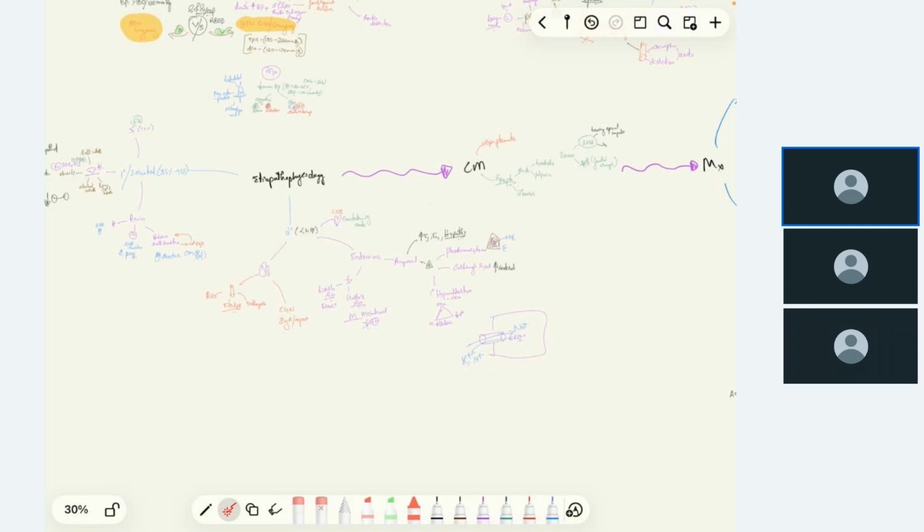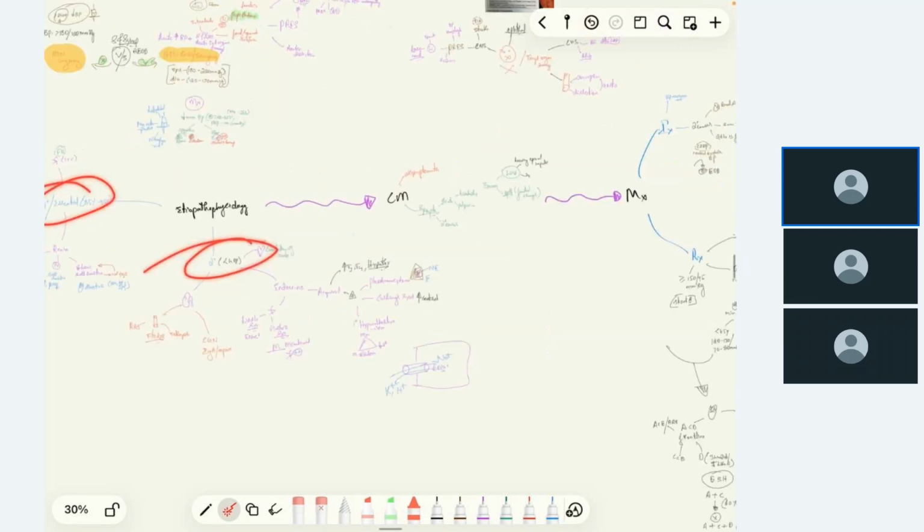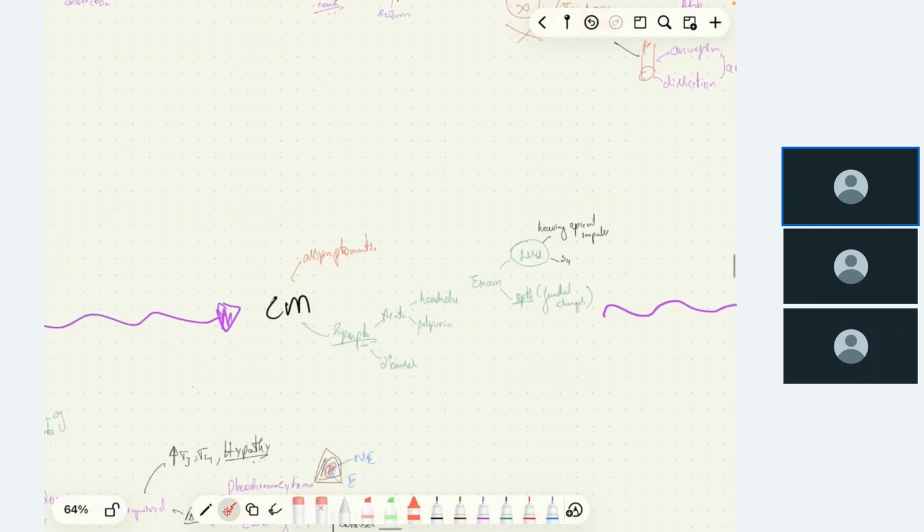By this, we are ending the etiopathophysiology of hypertension, both primary and secondary. Let's continue to discuss the clinical manifestation of hypertension. Majority of the patients are asymptomatic.